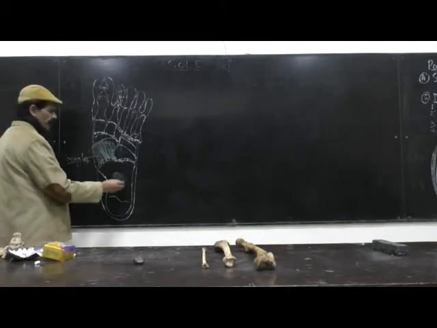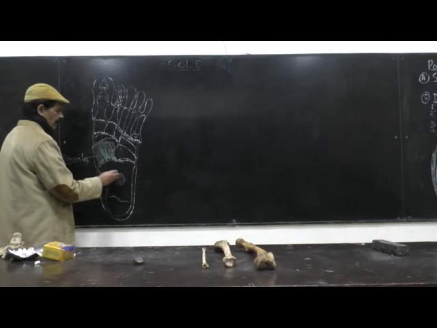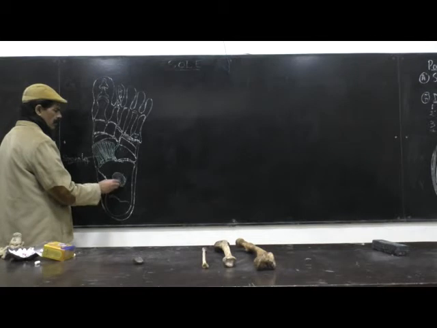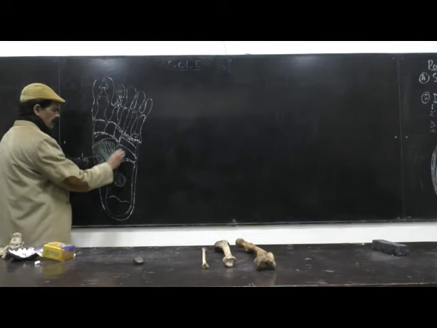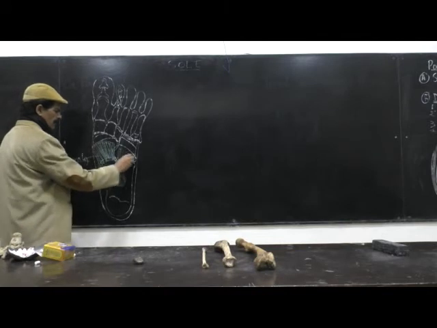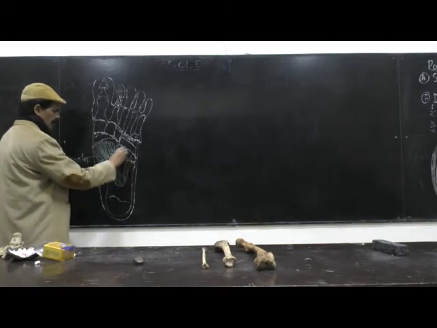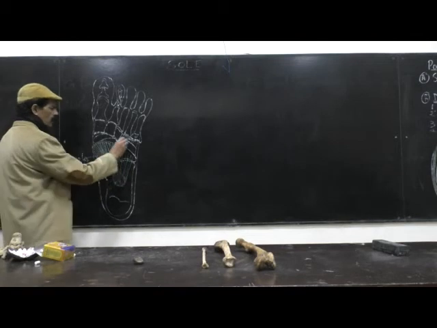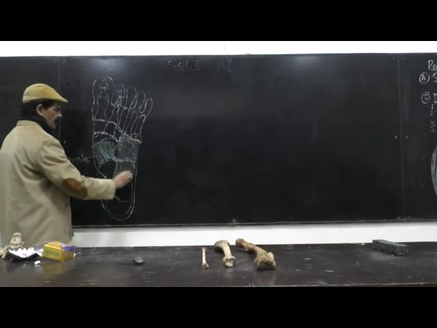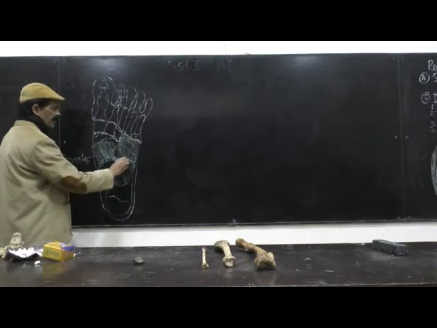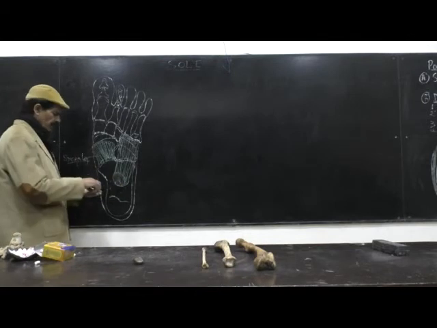Then from the calcaneal tubercle, a ligament goes anteriorly and it converts the groove for the peroneus longus into a tunnel by its attachment, and this ligament is called the short plantar ligament.